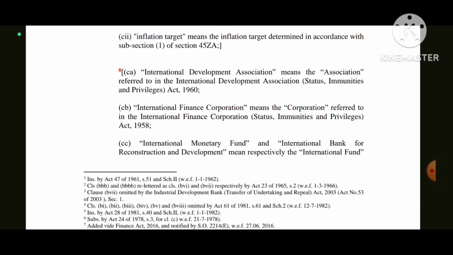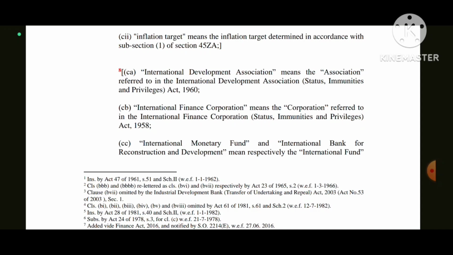The next clause under section 2 is clause CA, International Development Association. It means the association referred to in the International Development Association Status, Immunities and Privilege Act 1960. International Finance Corporation means the corporation referred to in the International Finance Corporation Act 1958.